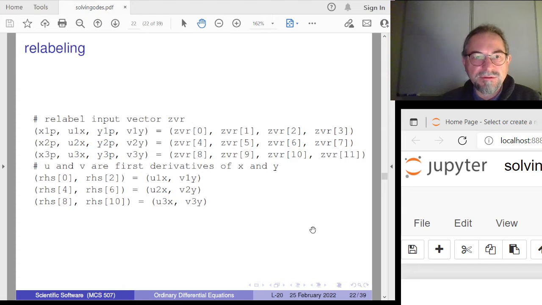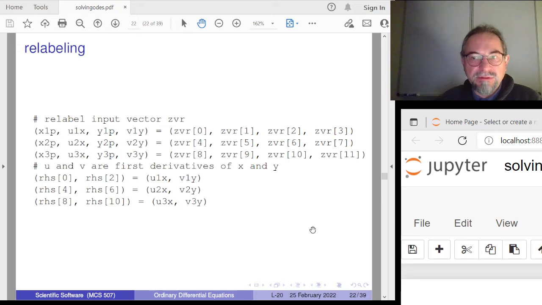It's good for clarity that we have consistent naming. So in the naming we will have the coordinates immediately followed by the velocities. So you see the position x1, the x-coordinate of the position of the first body, is immediately followed by the first component of the velocity of the first body.